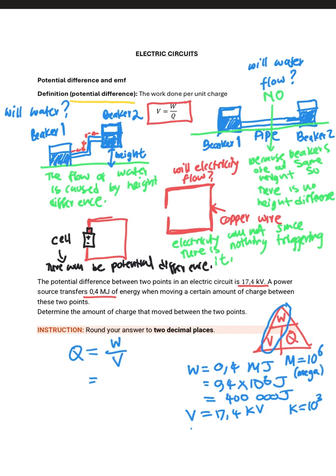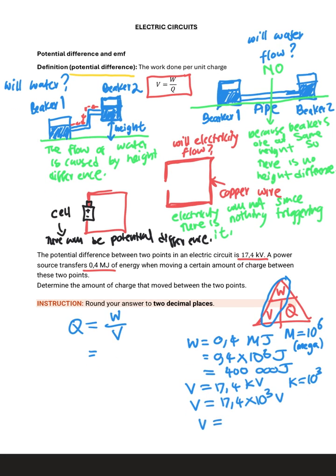V is equal to 17.4 times 10 to the power 3 volts, which is 17,400 volts.